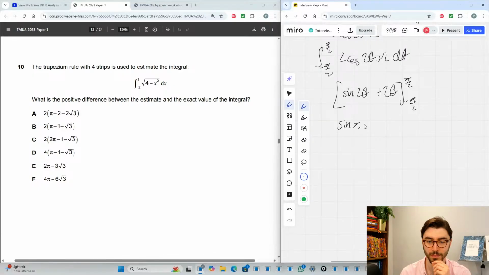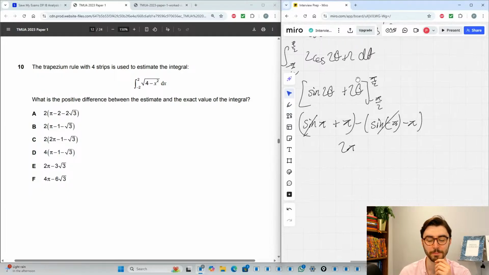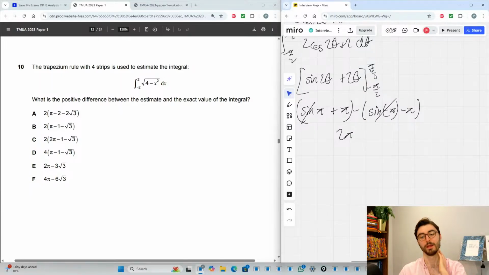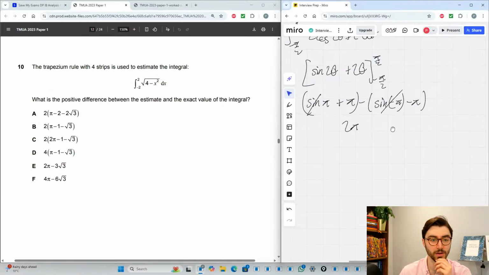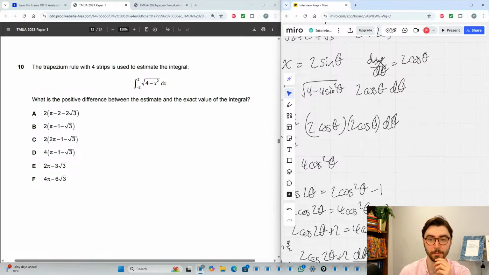So in other words, it's sine pi plus pi minus sine of minus pi minus pi. These are both 0, and it's just 2 pi. Oh, it's a circle. So the point is the exact one is 2 pi.